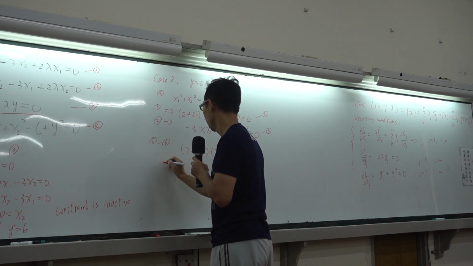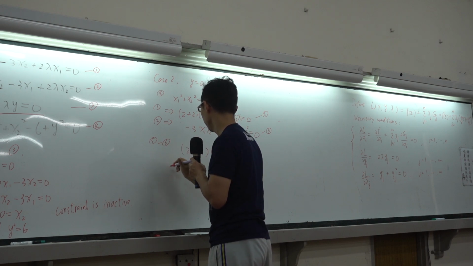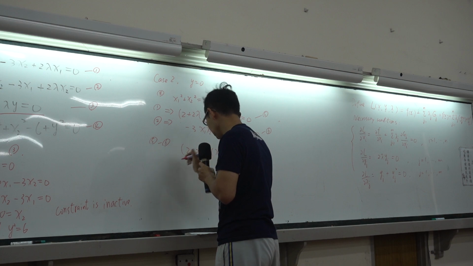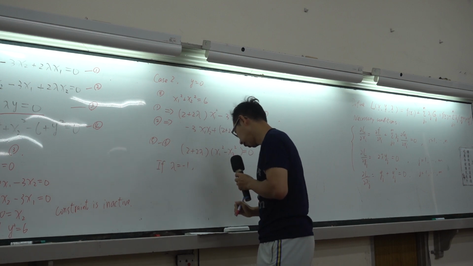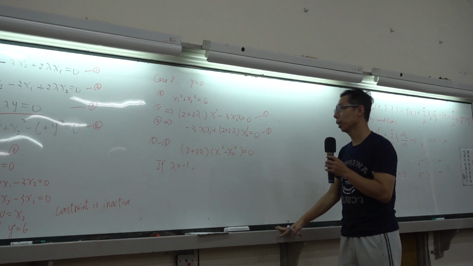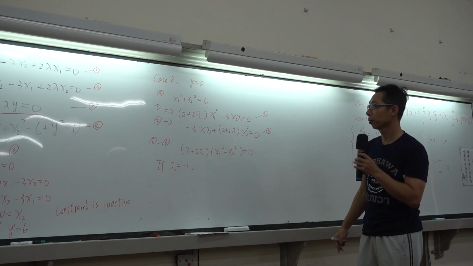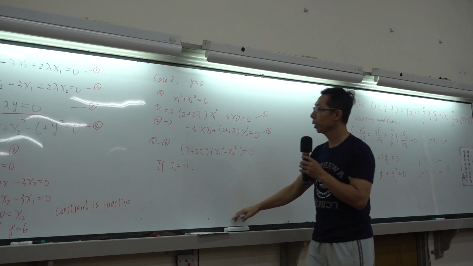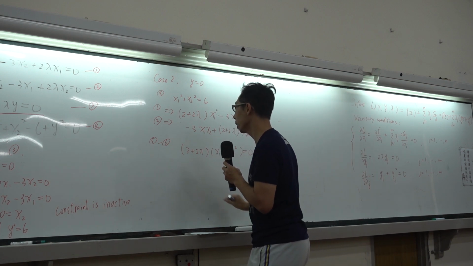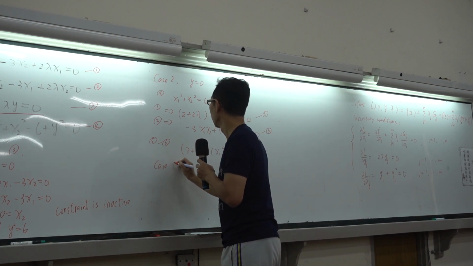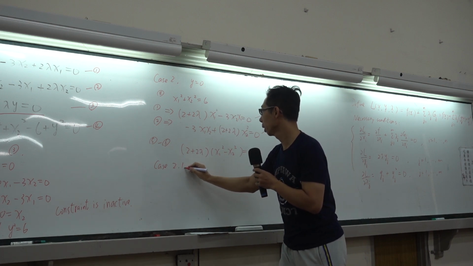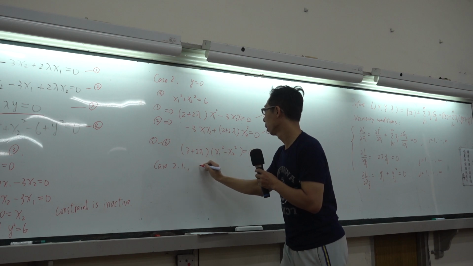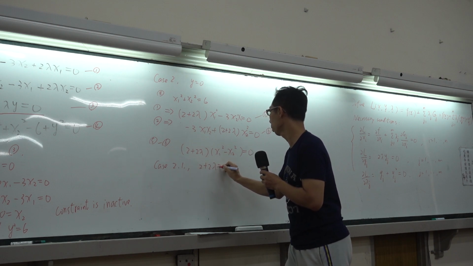So we can have lambda equals -1. Let's see whether this is fine. Maybe I should say this is case 2.1, that is 2 plus 2 lambda equals 0.